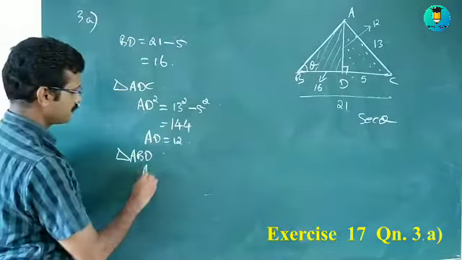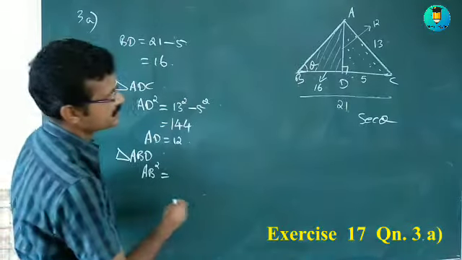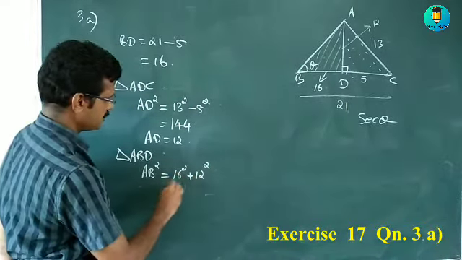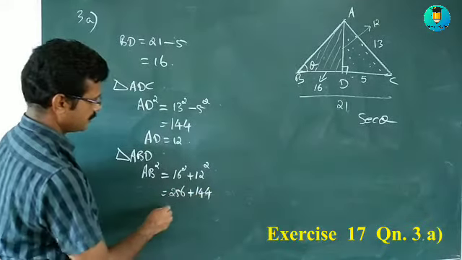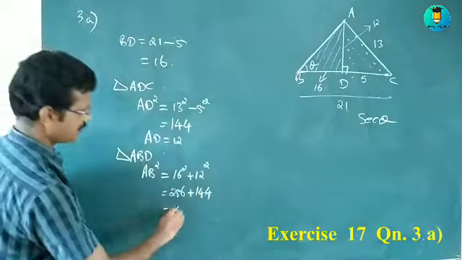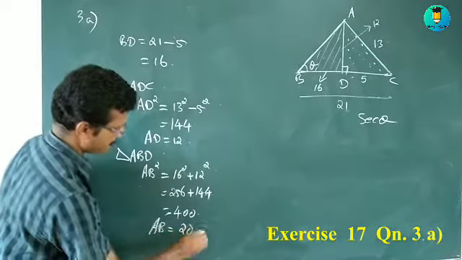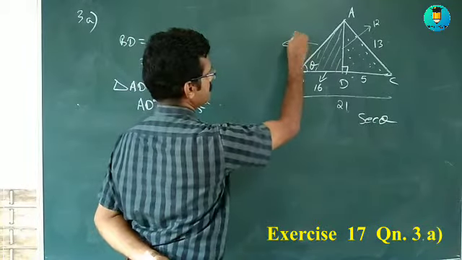We can find the hypotenuse AB. AB square is 16 square plus 12 square, that is 256 plus 144. If I add, it is coming 400. Therefore, AB is equal to 20. I got AB as 20.